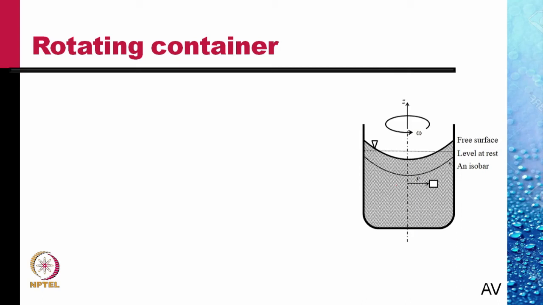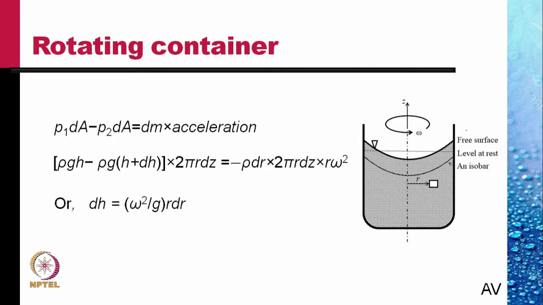If this was a level at rest, then when it is rotating at omega, the curved line becomes the free surface. Again, we consider this small element shown as white at the radius r from the axis. Consider the force balance.